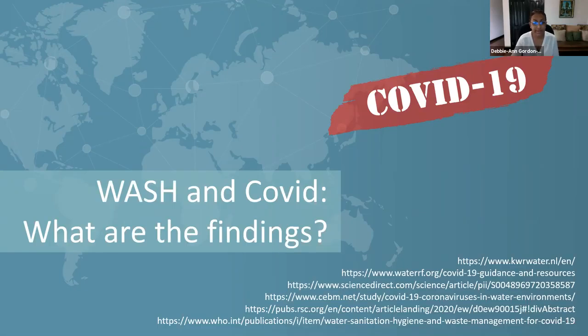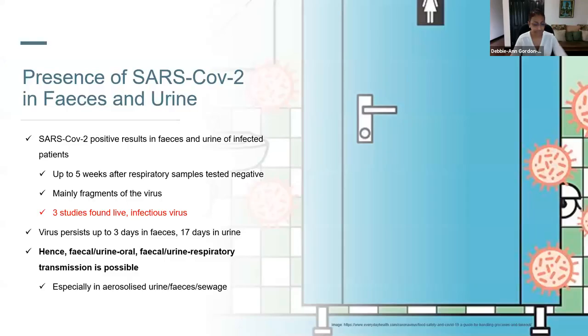So what are the findings? As I mentioned to you already, SARS-CoV-2 has been found in feces and urine of infected patients. So scientists have seen positive results. I have found more than 10 studies showing positive results for SARS-CoV-2 in the feces and urine of patients in the short time that this has been studied.